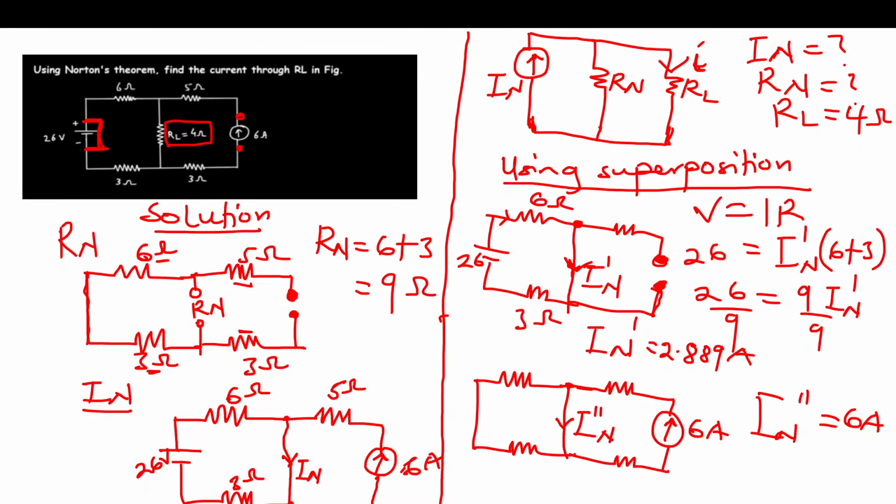So the total In, that's the Norton's current, is equal to In prime plus In prime prime. What are we going to get? 6 plus 2.889, which is equal to 8.889 amperes. Let me write it here.